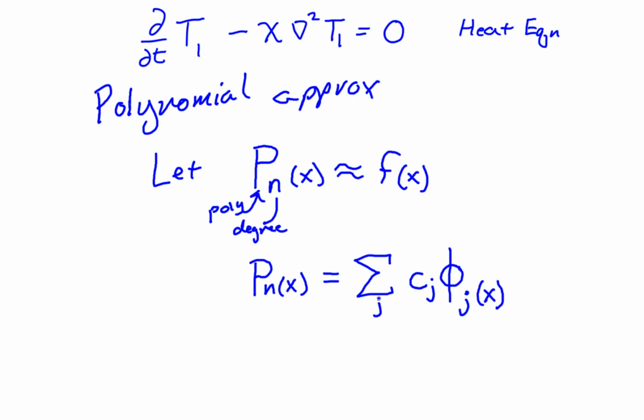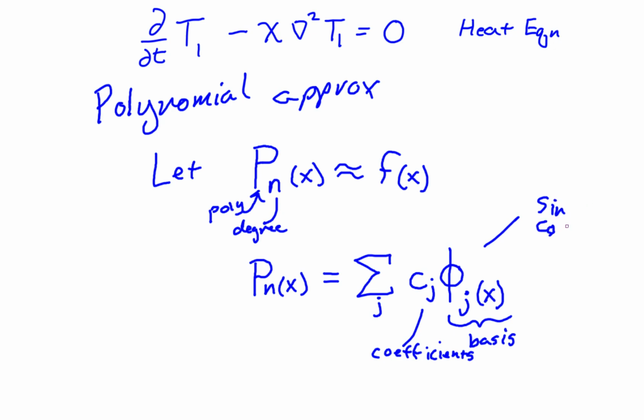A polynomial representation is a sum over all of the basis functions weighted by their coefficients. These basis functions might be something like sine and cosine.